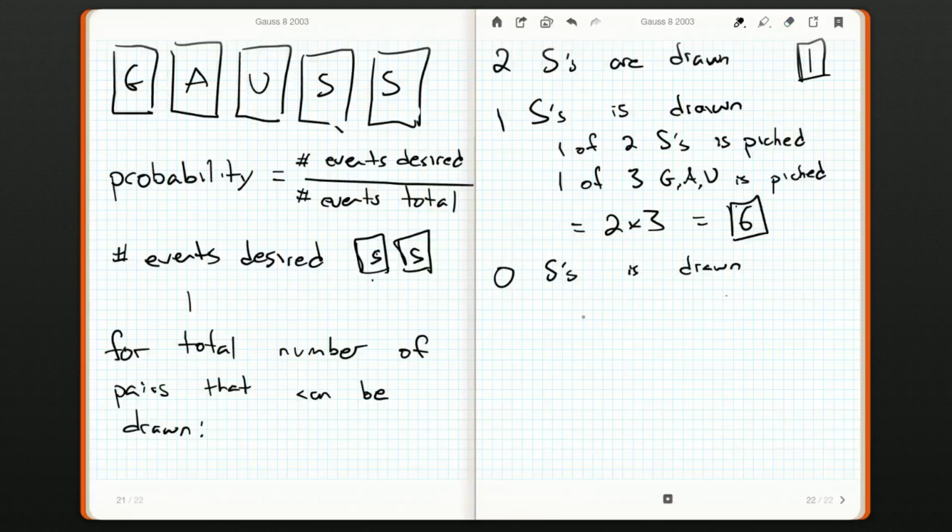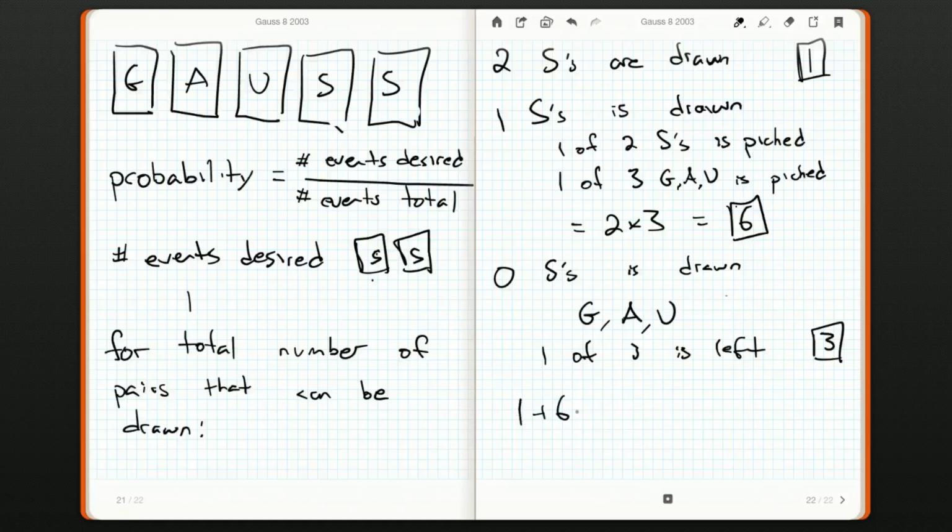So let's say here we have G, A, and U. 2 of them are being picked. One of them is being left. So one of the 3 is left. And the other 2 form the pair. Either you pick the U first and then the G, or the G first and then the U. That constitutes the same pair. So that's only going to be 3 different ways.